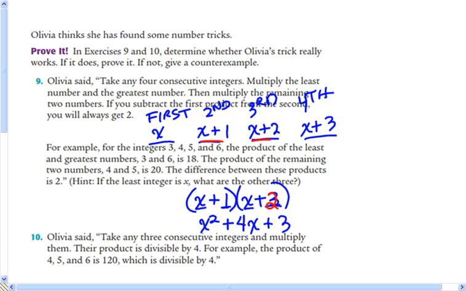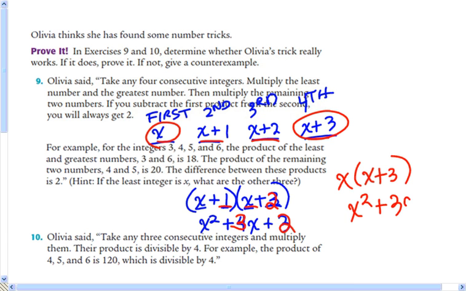If I multiply the middle 2, that's x plus 1 times quantity x plus 2. So that would be 1x plus 2x would be 3x here. And then 1 times 2 is 2. I get that. Now if I multiply this one and this one, I get x times quantity x plus 3, which is x squared plus 3x. And if you look close, x squared plus 3x is that part. And notice that this one is 2 more than that. So that proves that Olivia is right.